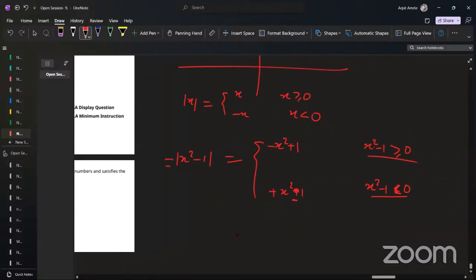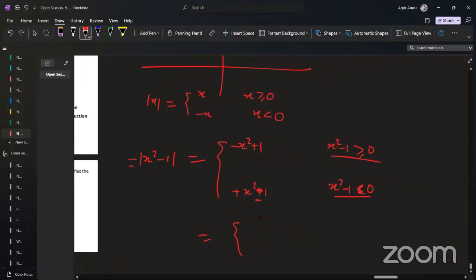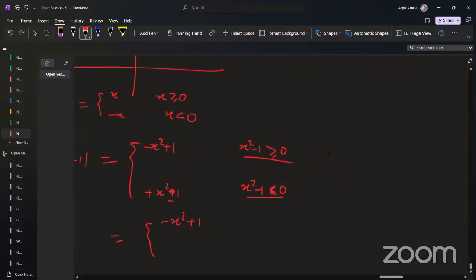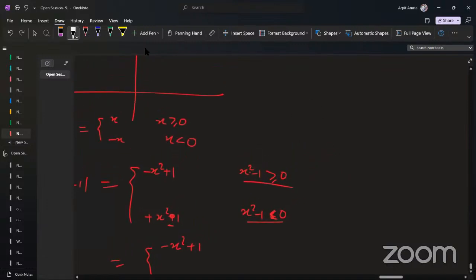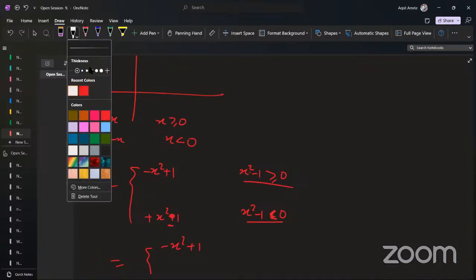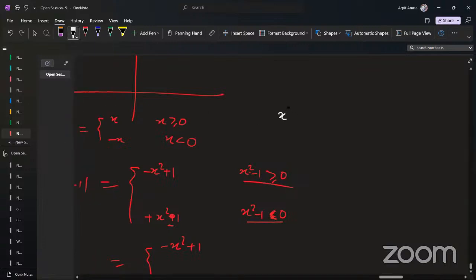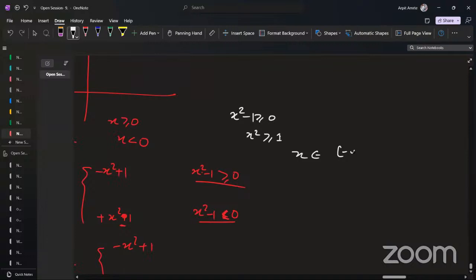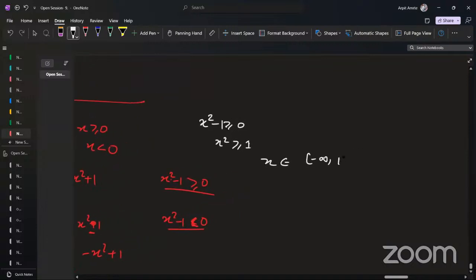Now further, we can write minus x squared plus 1 when x squared minus 1 is greater than or equal to 0. It means x squared is greater than or equal to 1, which means x is coming from minus infinity to minus 1 union 1 to infinity.